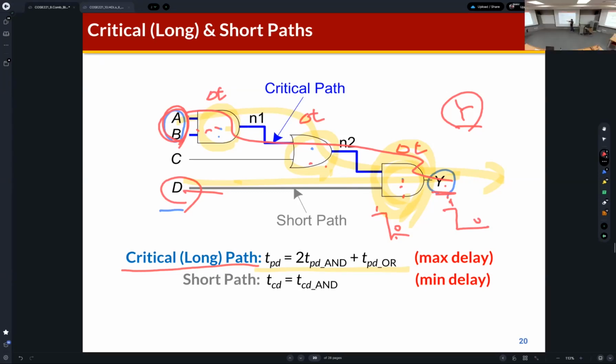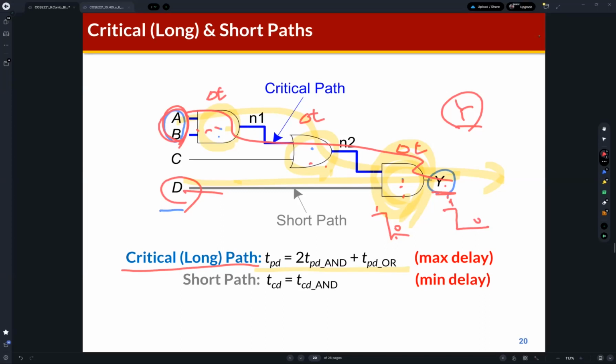So this is the propagation delay, the maximum delay of the circuit from one of the input signals. It's the propagation delay of AND gate, and then propagation delay of OR gate. There are 2 AND gates here. So 2 multiplied by TPD of AND, plus TPD of OR. So we can simply calculate the maximum delay of the circuit like this.